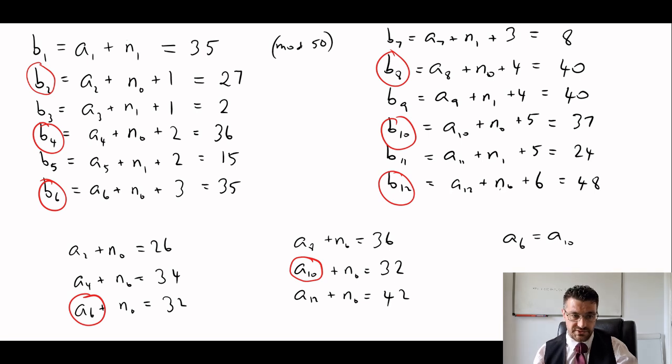When I write here that A6 is equal to A10, it means literally A6 is equal to A10. Well, that can only happen in one way. If I look at the original list of numbers, there must be a repeated number somewhere in the original, uncoded message.